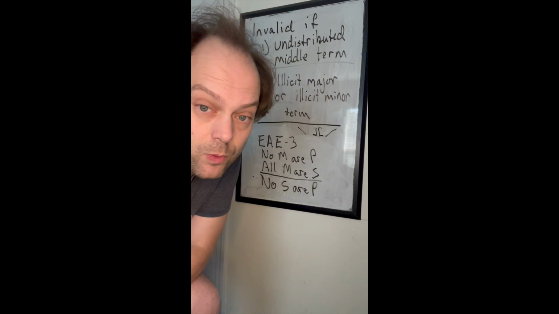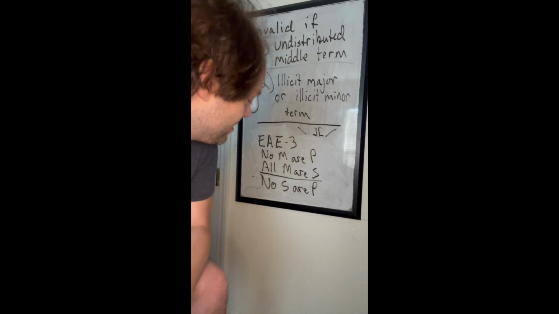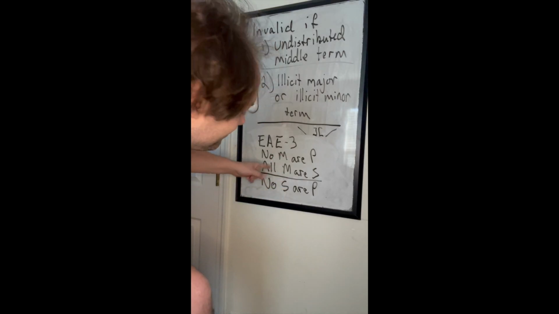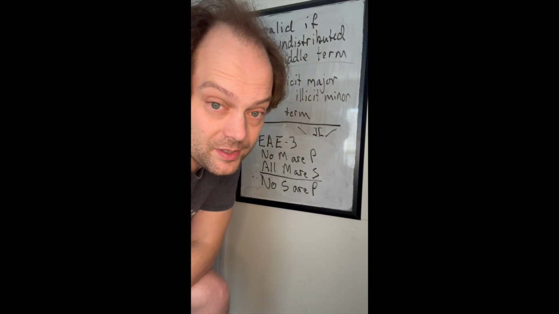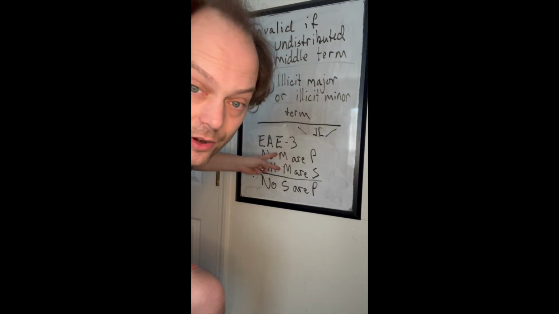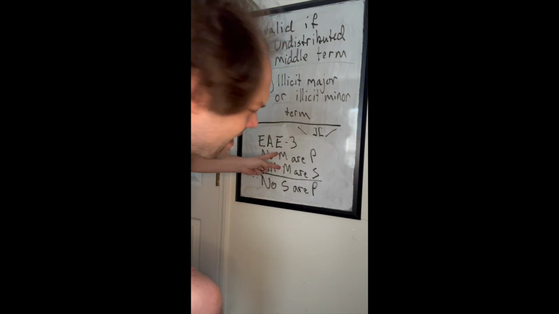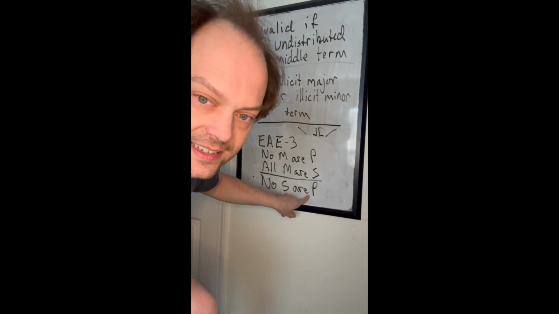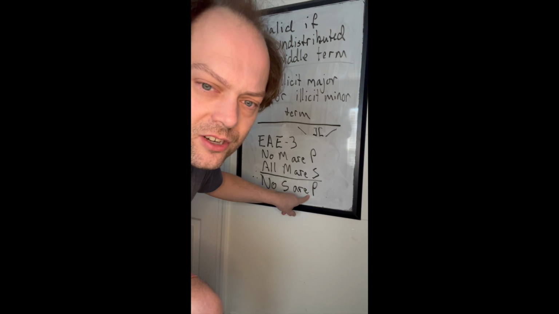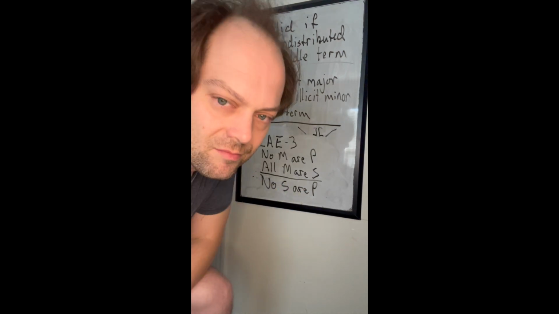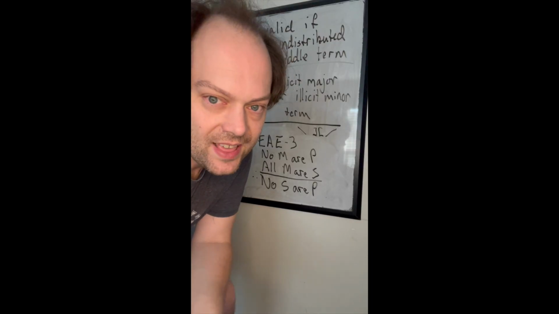But it does make sense when you get into it, when you say, hey, if I'm concluding something about all members of the category, I need to have a premise about all members of the category. If I never say anything about all members of the middle term category, then there's no way I can really have connected the subject and predicate terms, the major and minor terms, in the conclusion. So that's the idea there.